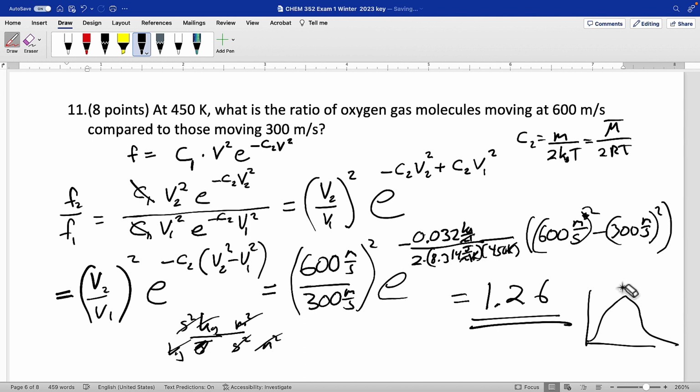So that's here. What we're looking at is this must be say around 300, and this is probably at 600. So we got slightly more at the faster speed than at the slower speed. If we had chosen two speeds where they were both more than the average speed, then we know the higher speed would be a lower fraction, but that's not the case here.